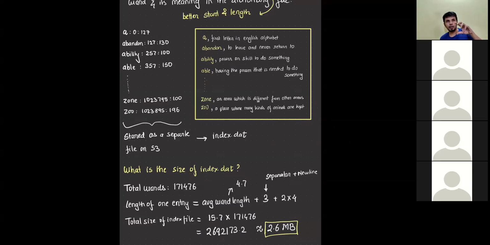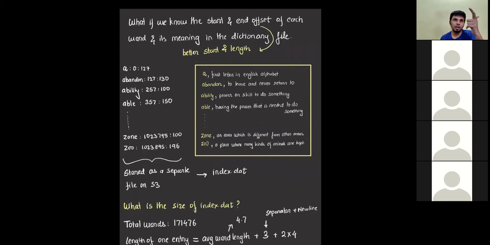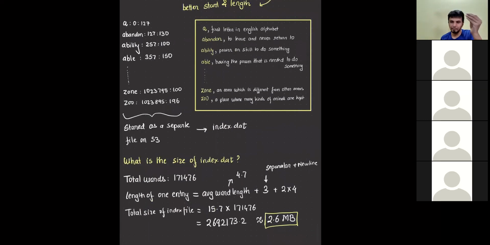Whenever you're designing something like that, always think what are the constants that I'm playing with. Just do a basic back of the envelope calculation, and you see that the 1 terabyte dictionary got compressed, or the index of that with just words and offsets is just 2.6 MB long.